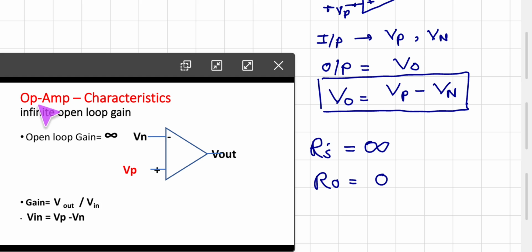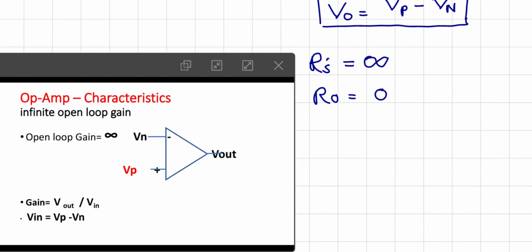Here is another characteristic of an operational amplifier, that is infinite open loop gain. Let us consider what gain is.